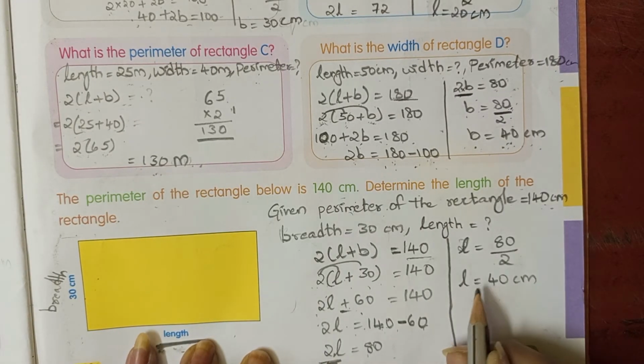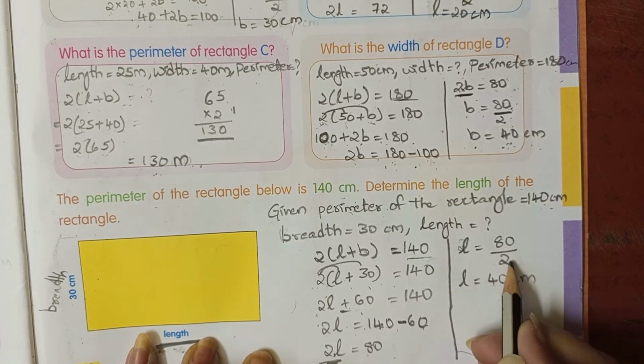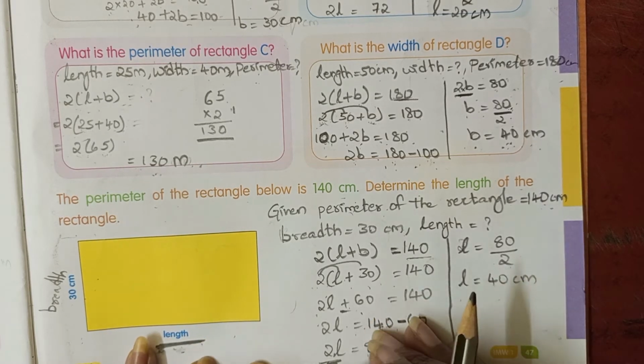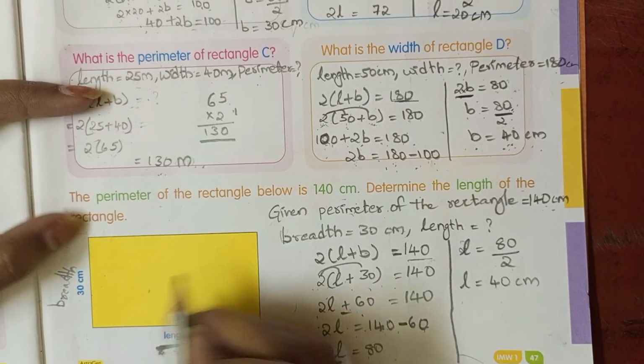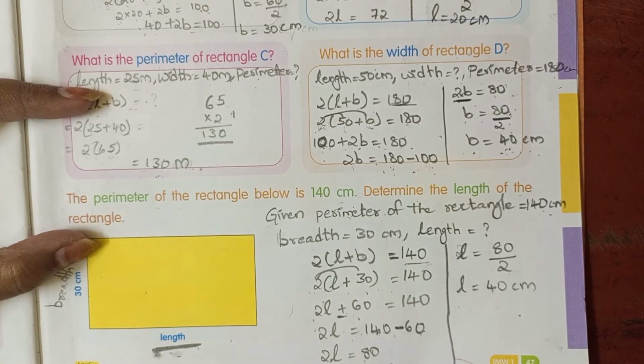Whenever it goes that side, we have to do division. L is equal to 80 divided by 2. L is equal to 40 centimeters. So the length of the particular rectangle is 40 centimeters.